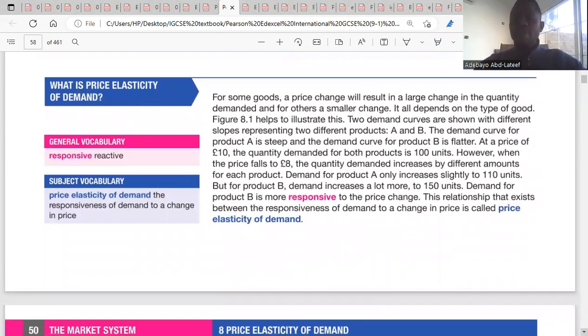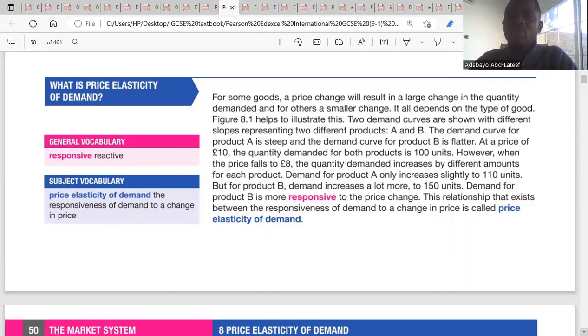Price elasticity of demand is the degree of responsiveness of the quantity demanded of the product as a result of a change in price. Normally, in every market, there's always a change in price. Remember, I told you when we were studying market equilibrium that prices are determined by the demand for and supply of goods, which means the market forces of demand and supply determine price.